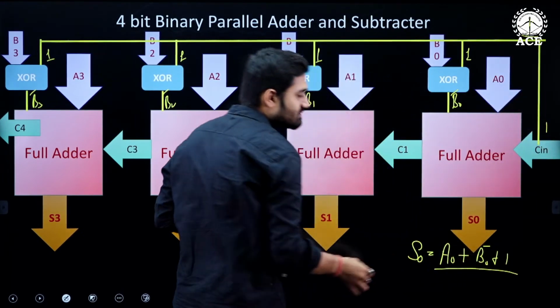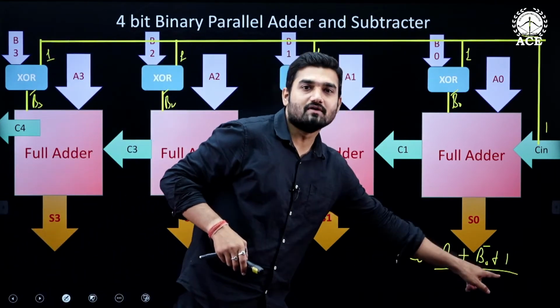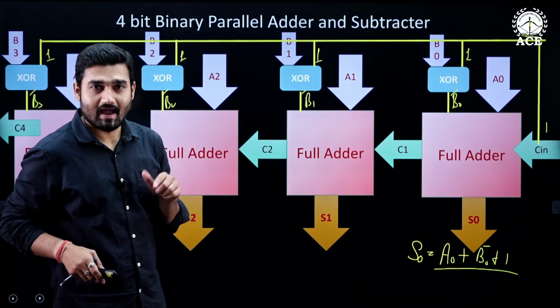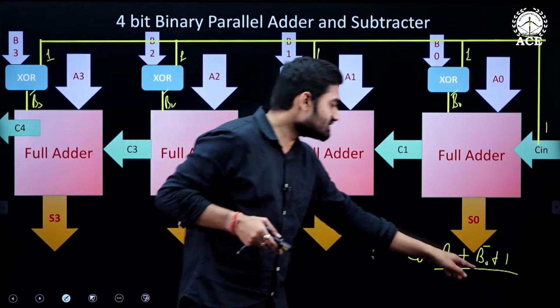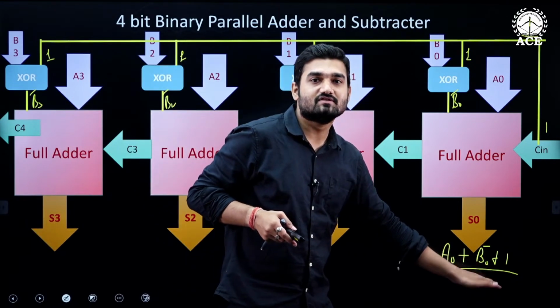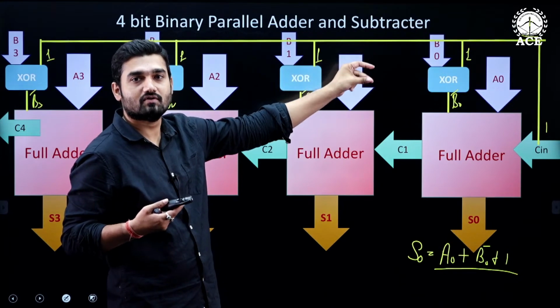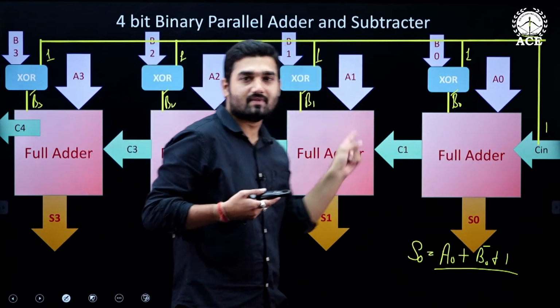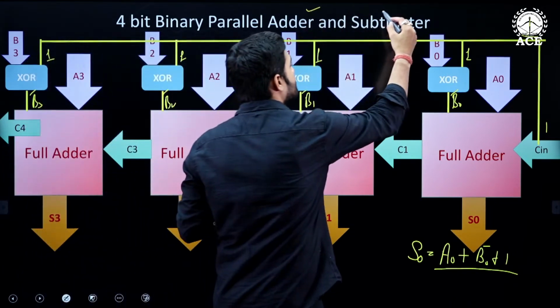Can you tell me what is this? Just now we have seen it in the micro operation. What do you understand by this part? I assume that you know it. This is subtraction. What is the heading? Subtractor. What is this? Subtraction is going on. Adder we understood, subtractor also understood.